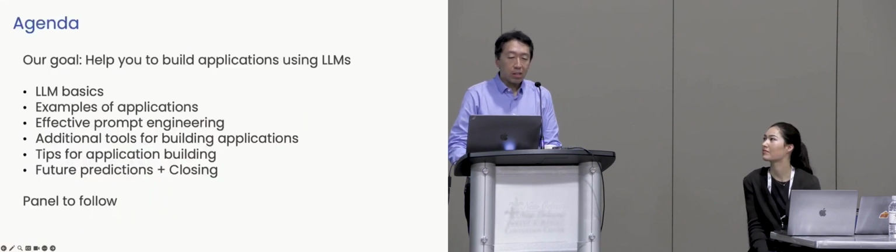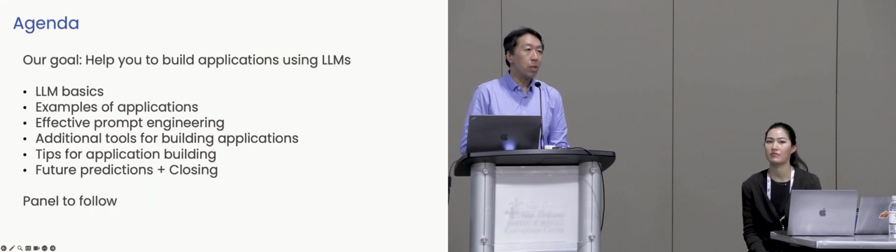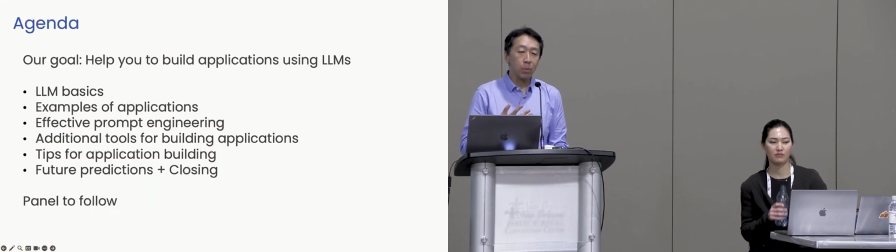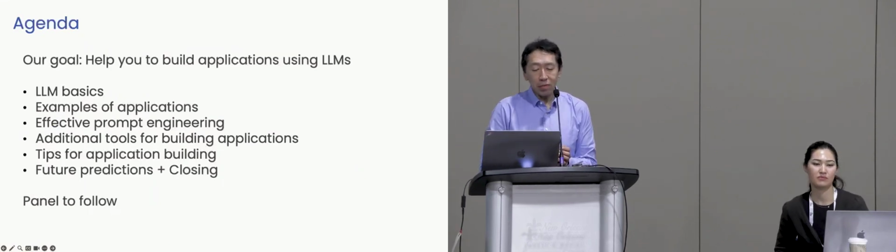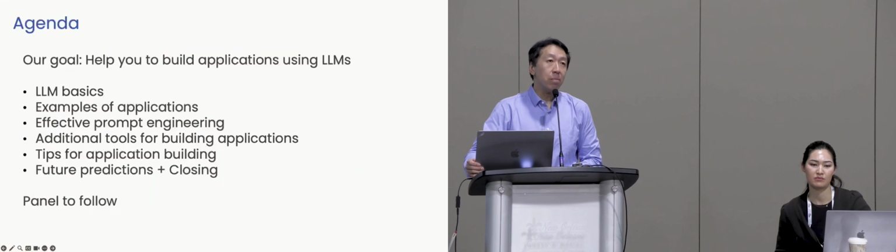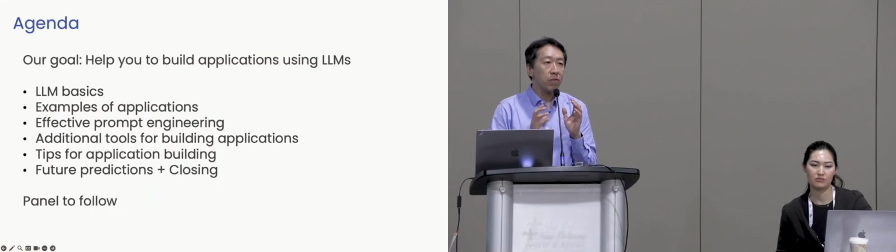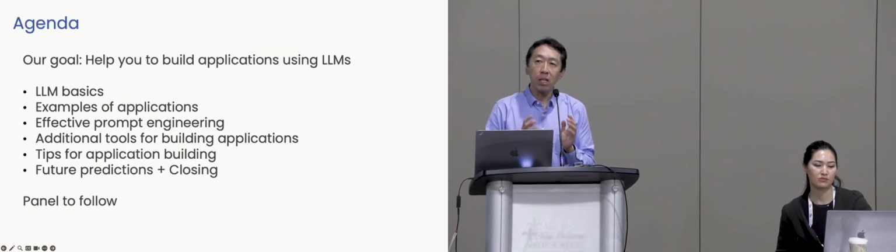Here's the agenda for today. What we hope to do is help you understand how to build applications using LLMs, because this is a new way of building AI applications that is very powerful and allows you to get things to work much faster than was ever possible before. So the agenda for today is to talk a little bit about LLM basics, not to teach you how to train an LLM from scratch yourself, but to make sure you have enough of a mental working model for how LLMs work so that you can use them effectively.